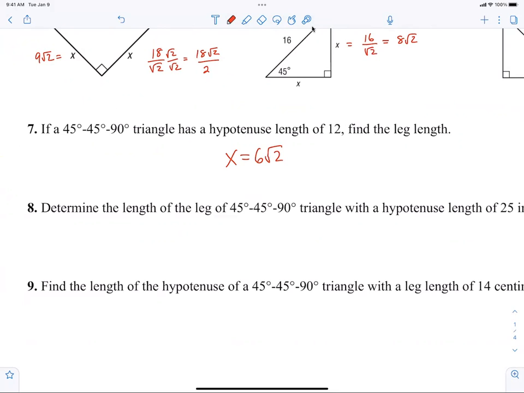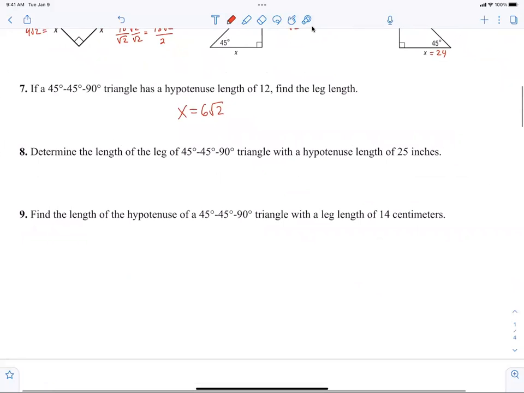Now, who doesn't know that? And I don't mind. Everybody knows. Hypotenuse to leg, you divide by radical 2. And then you just do the math. Is everybody agreeing with me? All right. So if the hypotenuse is 25, oh, wait a minute, determine the length. Oh yeah, it does say. So what would it be? 12 and a half radical 2.